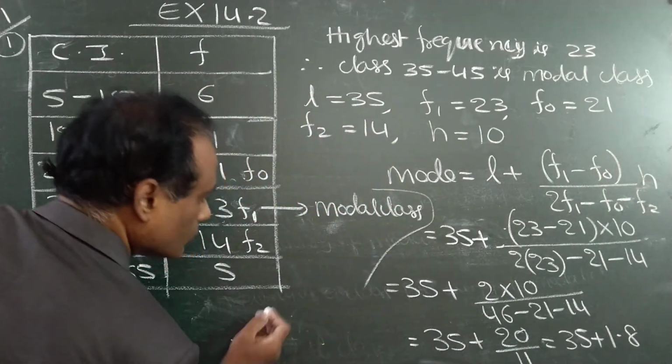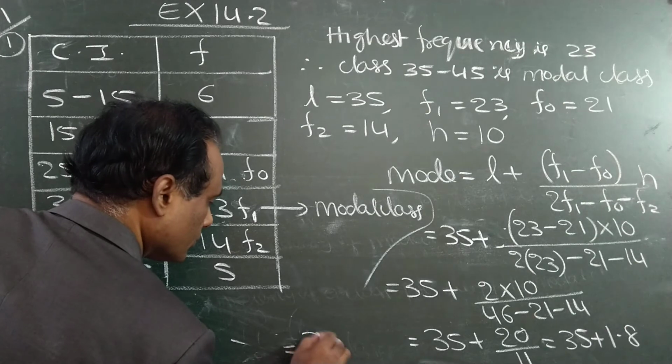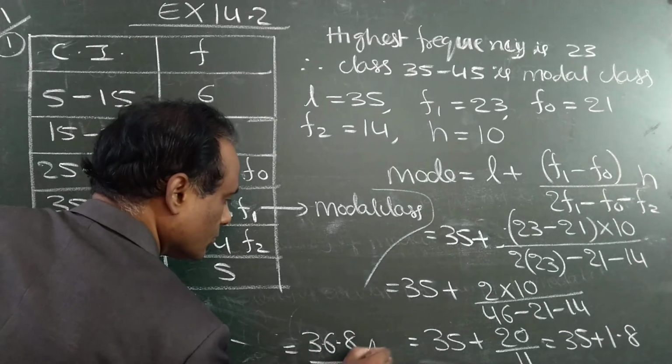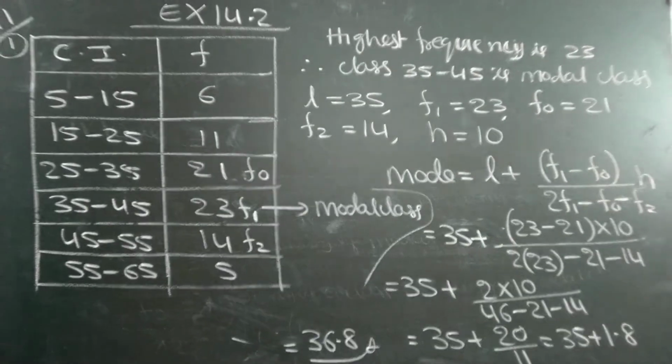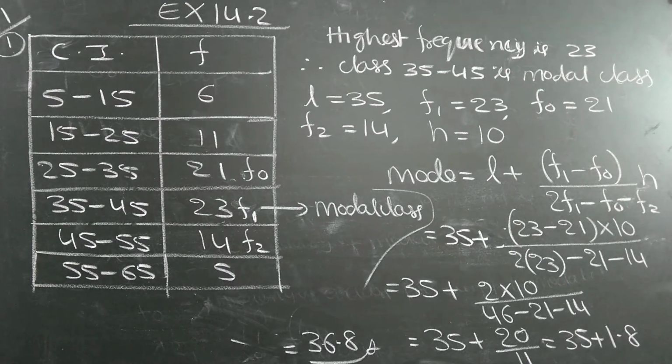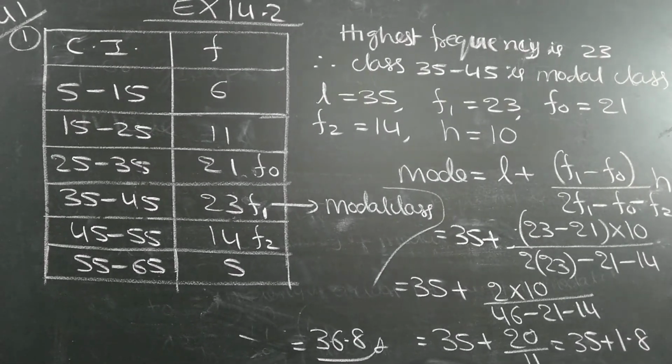So it is 1.8, and 35 plus 1.8 gives 36.8. Answer is 36.8. This is the procedure. So all problems are the same model.